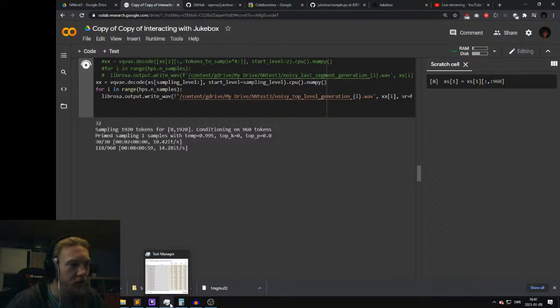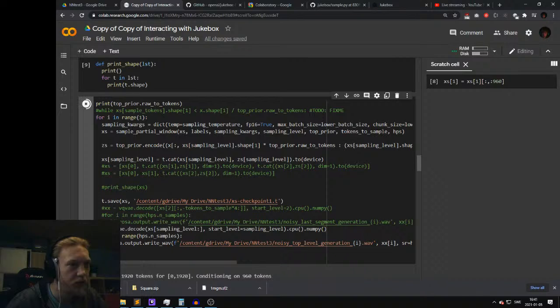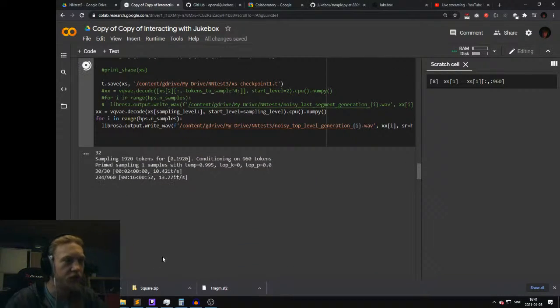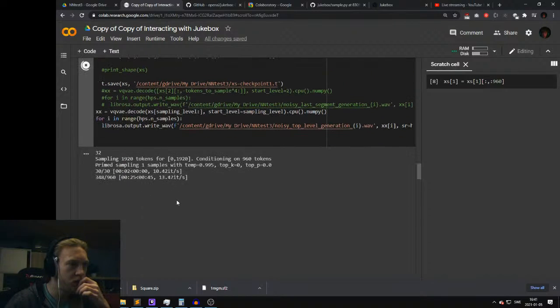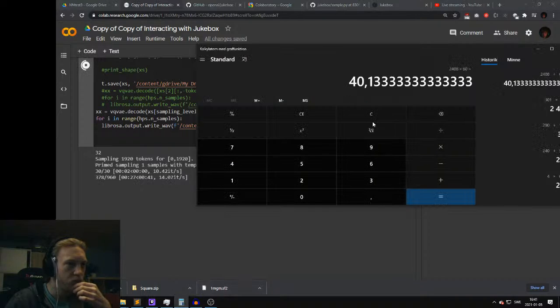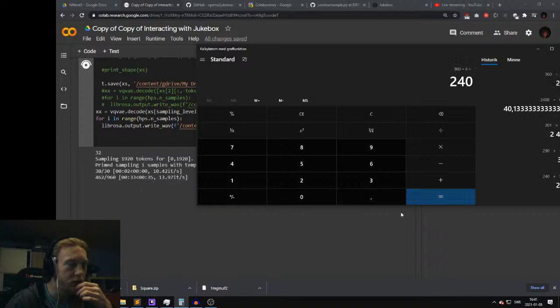It's sampling 960 tokens as well, because our raw to tokens changed from 128 to 32. And I believe 960 divided by 4 is 240, which is the amount we were doing on level 2.